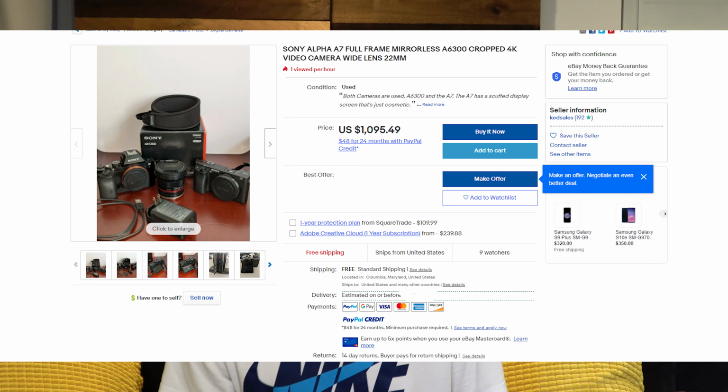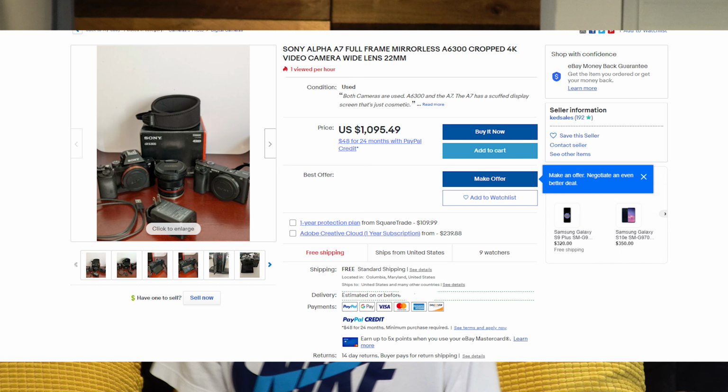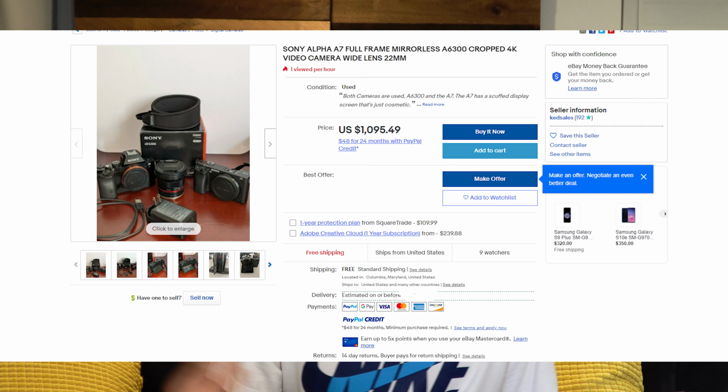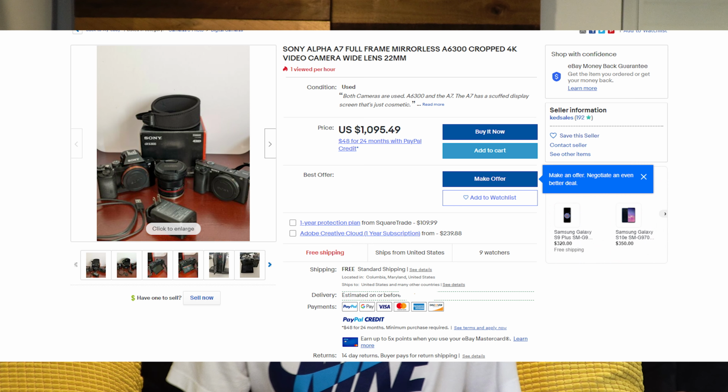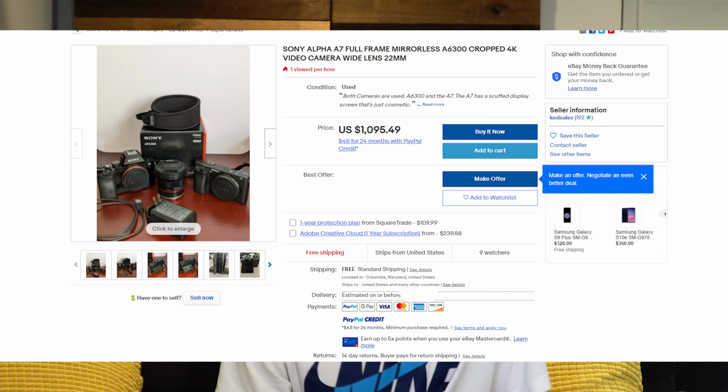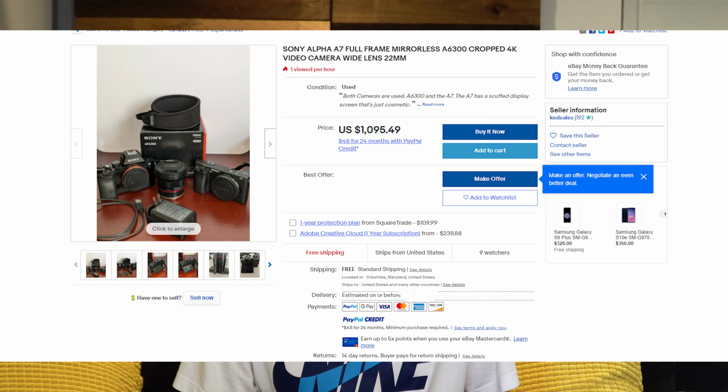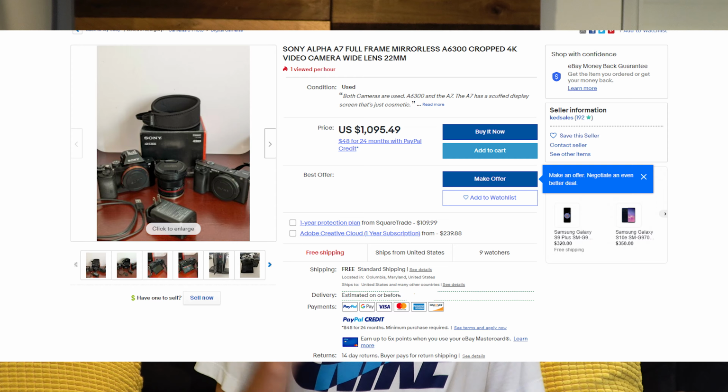Currently, the one that I'm looking at right now, it's actually an original A7, an A6300 with a Rokinon lens, and all of those combined could sell for around $500 for each of the bodies easily, and $150 to $200 for the lens, and that's listed for I think $1,045 I have written down.